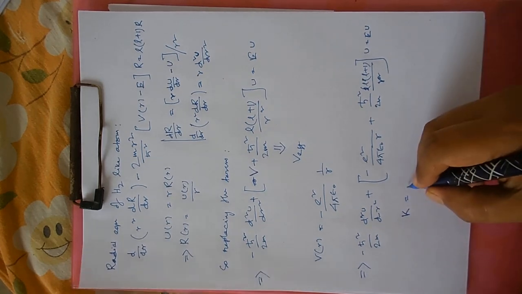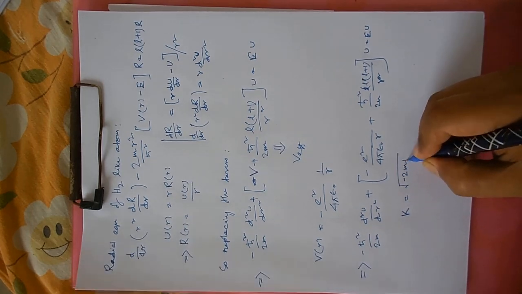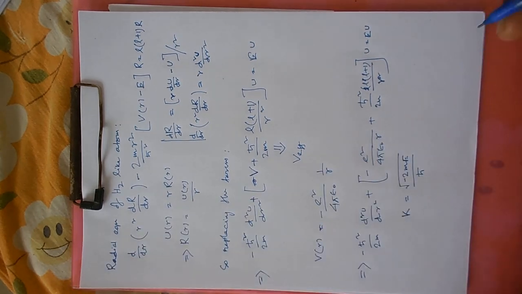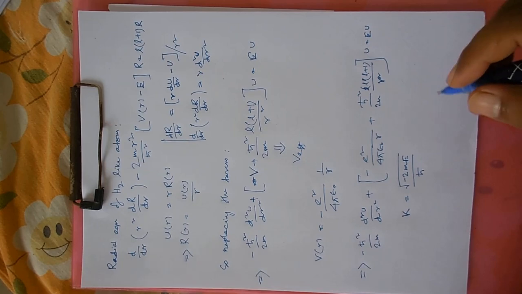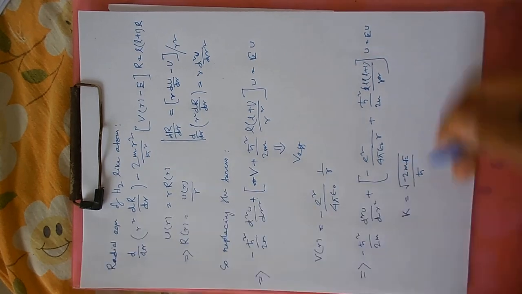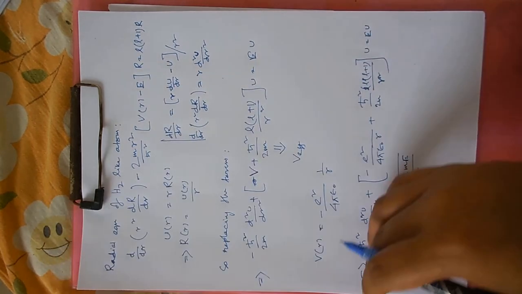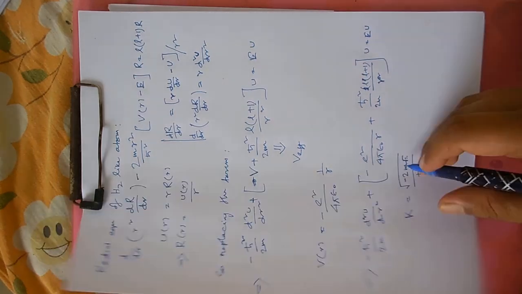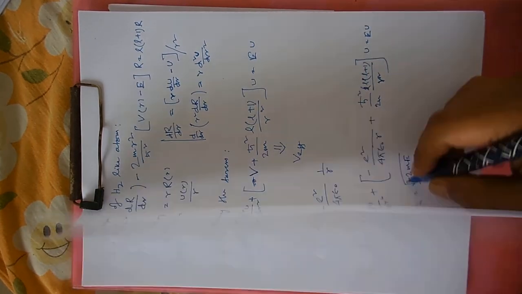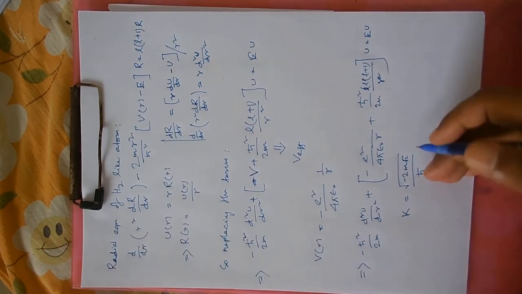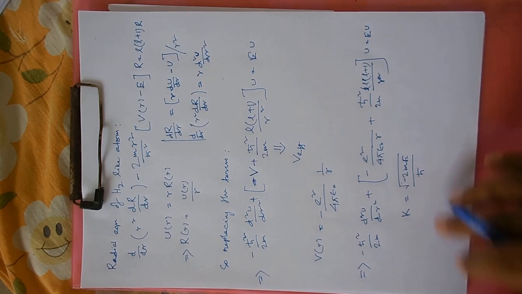I am defining small k as root of minus 2mE by ħ. Now one thing you have to see here: if the problem is for the bound states, then E has to be negative so that k is real. Otherwise it will be an imaginary number. So E has to be negative for bound states.